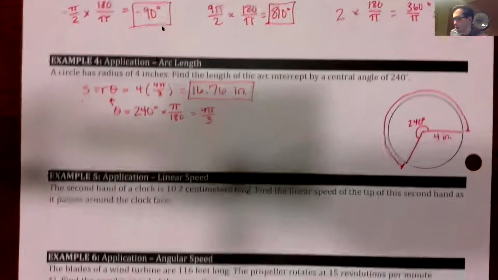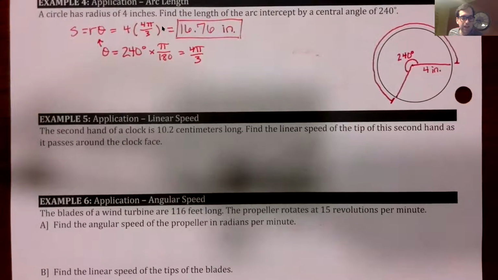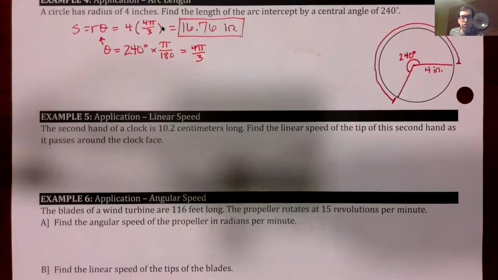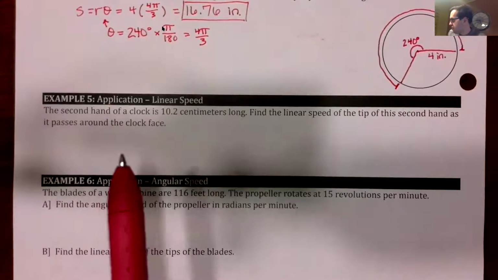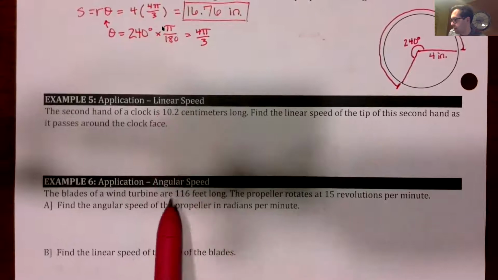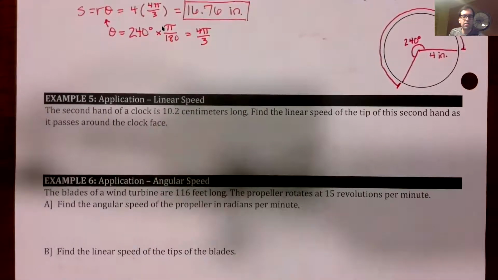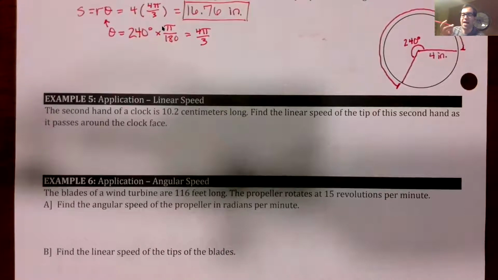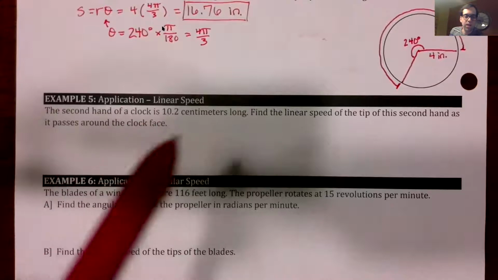So let's keep going. Example 5, linear speed. We're going to talk about 2 versions of speed here, the linear speed and angular speed. Linear speed is the normal version of speed that we always talk about, okay? How fast is something going? Angular speed is how fast is the angle changing. For example, what we're going to be looking at here is a clock in a second.